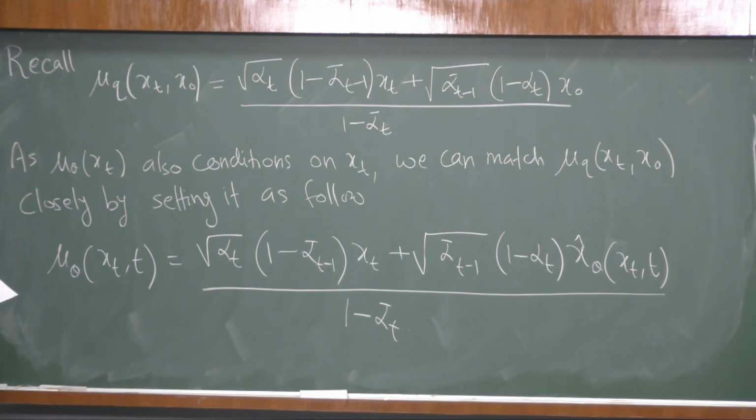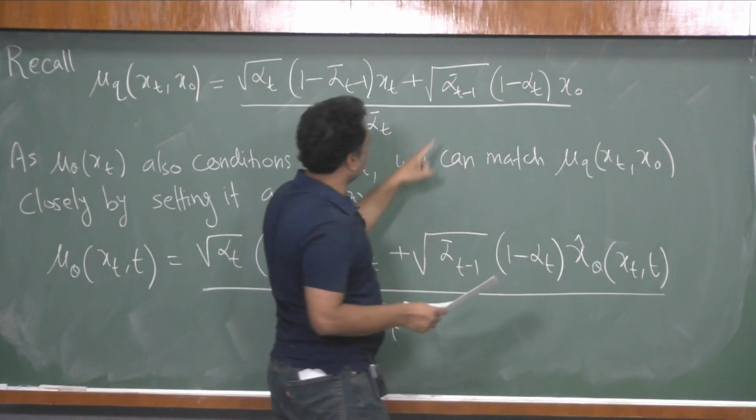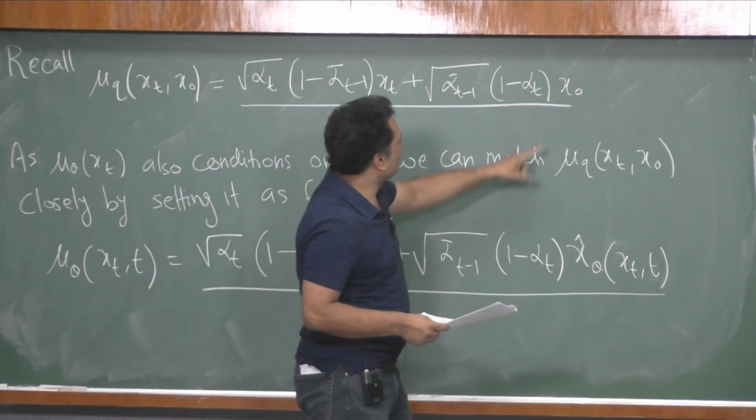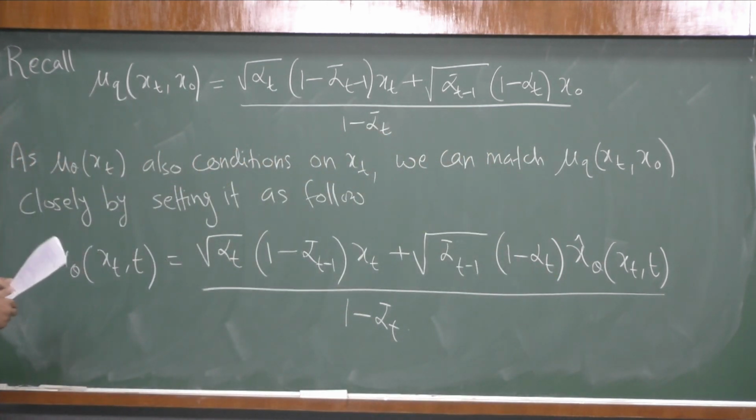As you can see, the first term we kept intact. It is the same one, and even these coefficients are intact. The only thing we changed is that x naught is replaced by x hat theta.